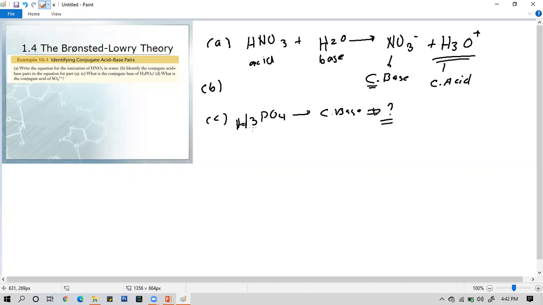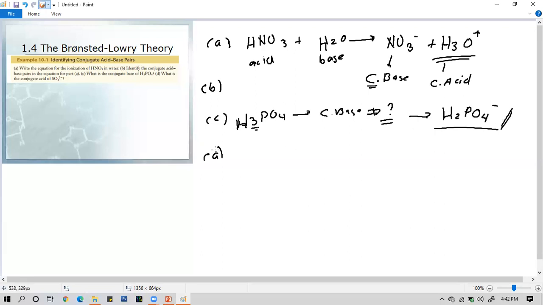So therefore, from H3PO4, siya ay magiging H2PO4. Now, as stated earlier, nabawasan siya ng proton from neutral as a full compound, so siya ay magiging negatively charged. And that is the conjugate base for phosphoric acid, H2PO4 negative.